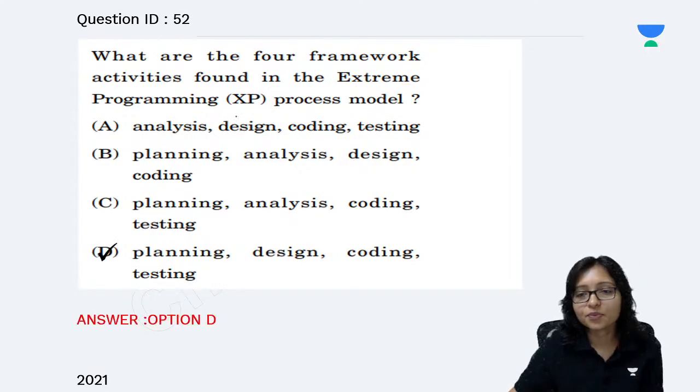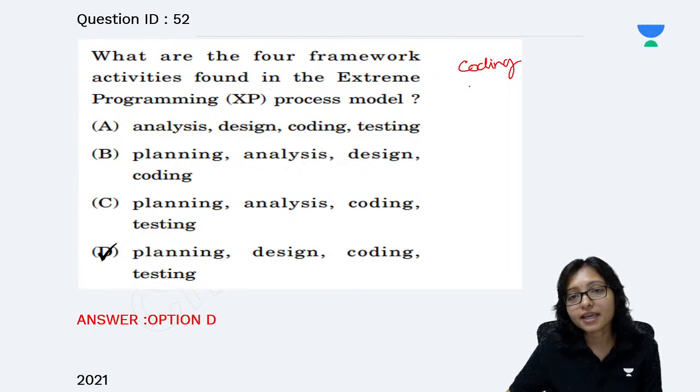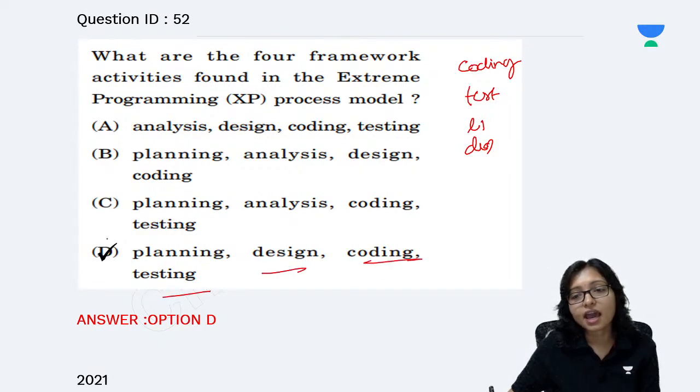The four framework activities of XP describe the software process as coding, then testing, then listening and designing. So here it is coding, design, testing, and listening, which actually means planning. So other than that, where listening is not there, we will choose this one.